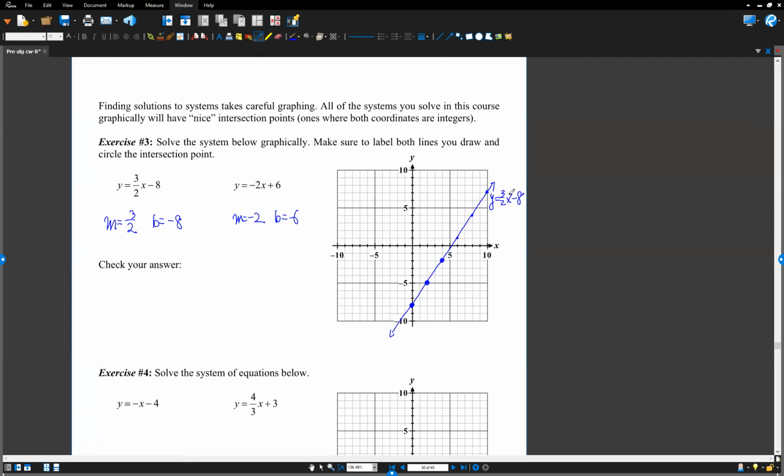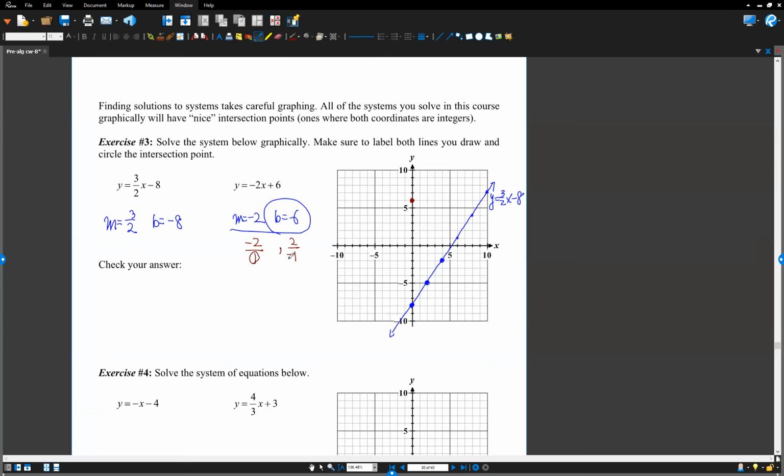Now what is the next graph? We're starting at this point. This point is 6. I'm going to use a different color. Slope -2 means what? -2 over 1, or you can use 2 over negative. It doesn't matter. When you go to the right, you can better use this one.